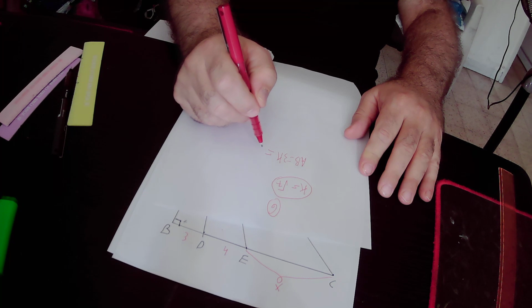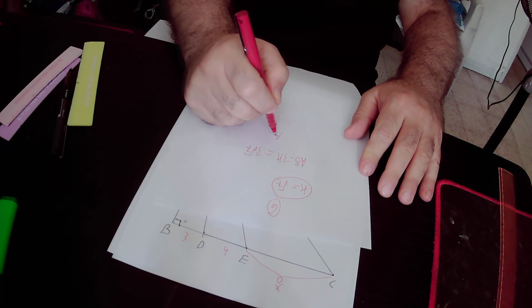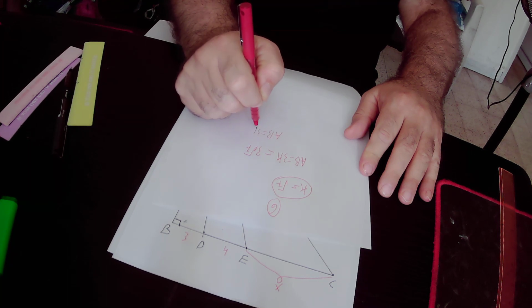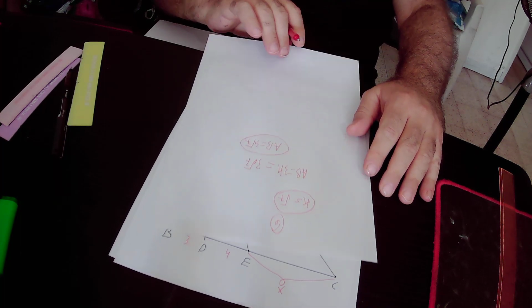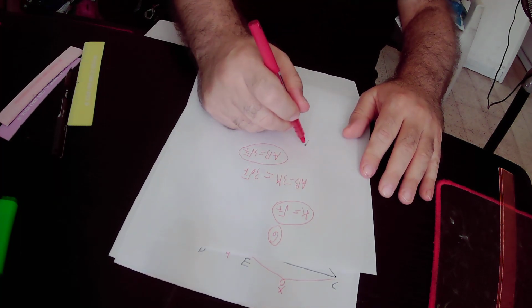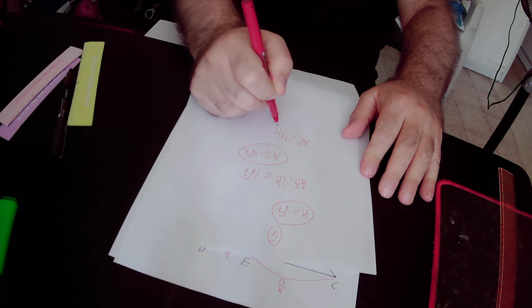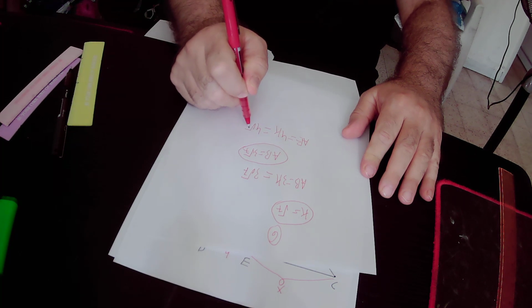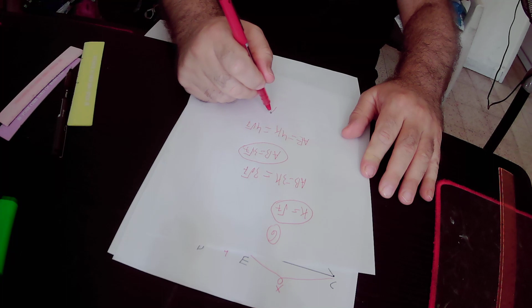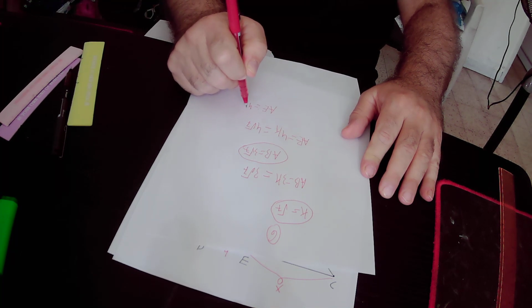We will get that AB equals to 3 times root 7 units, and AE equals to 4K, therefore, and K equals to root 7, so AE will be equal to 4 times root 7.